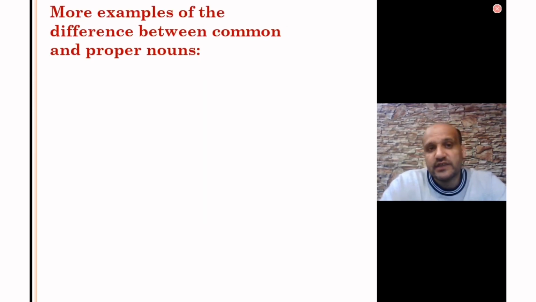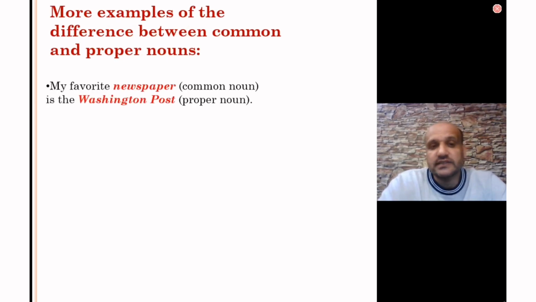Let's see some more examples of the difference between common and proper nouns. Look at this example: my favorite newspaper is the Washington Post. Look at the word newspaper and the words Washington Post. When I say newspaper, you can think of any of the many newspapers around the world.